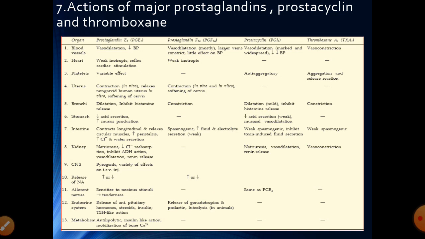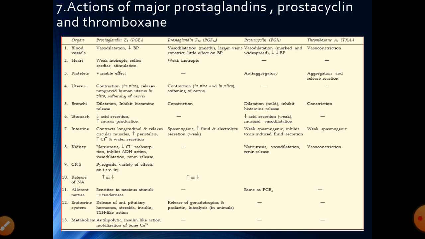Next is action of major prostaglandins, prostacyclins and thromboxane. For example, this table could be asked in the form of application based question framing, as they could ask that bronchodilation and inhibition of histamine release is caused by which autacoid, that is prostaglandin. Or they could ask that aggregation of platelets and release reaction is caused by which.